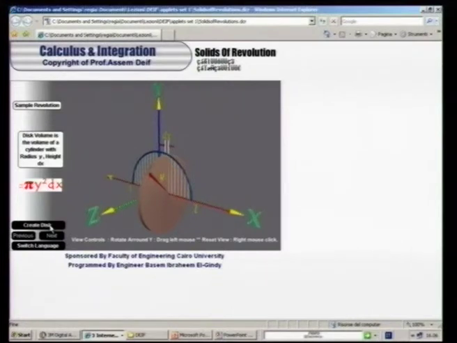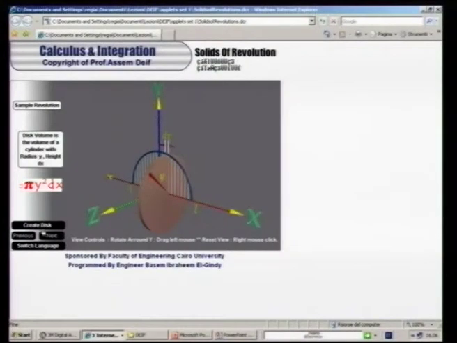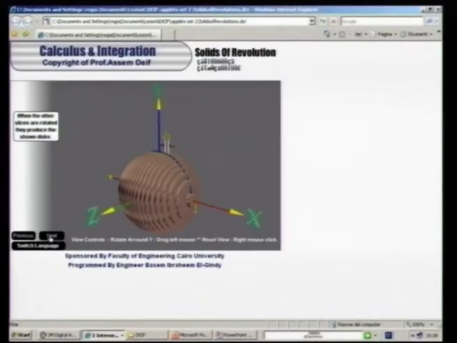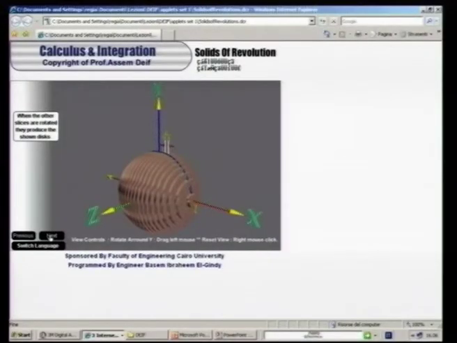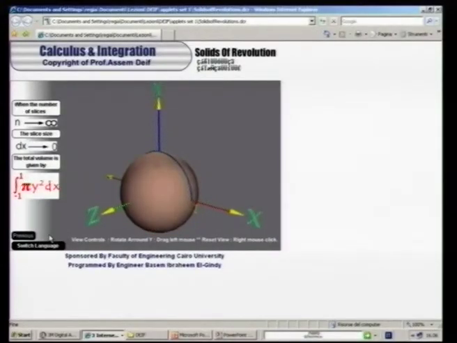Now you can allow this cylinder to scan over the whole interval from -1 to 1, so you have a whole sphere. When you take the limit, when the number of subdivisions goes to infinity, and this is the idea of Riemann, the norm of the partition tends to 0, you have a whole sphere. This is again one other application of integrals.